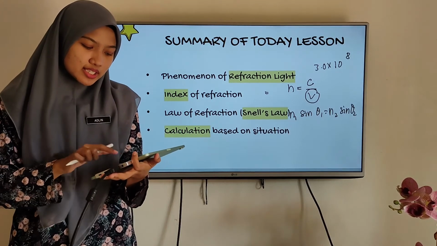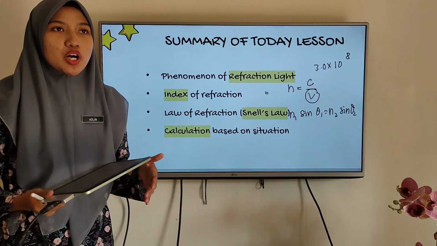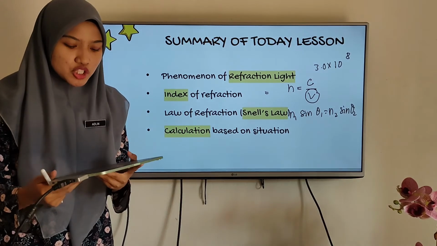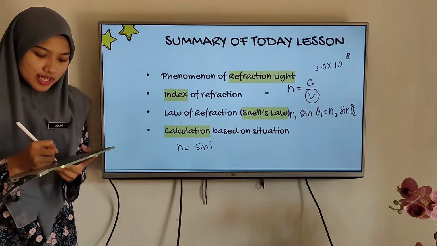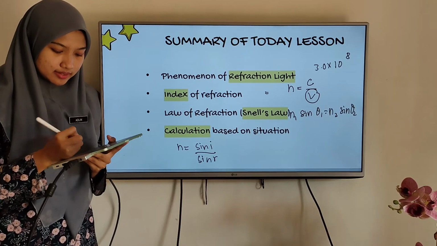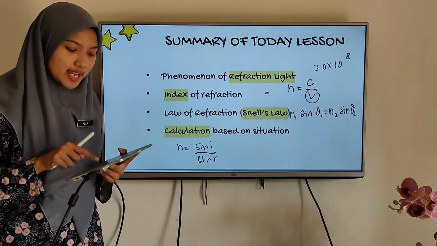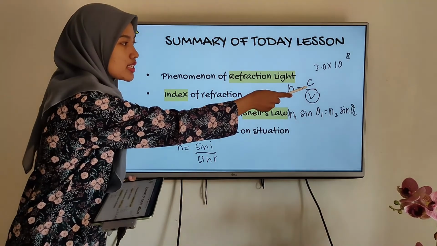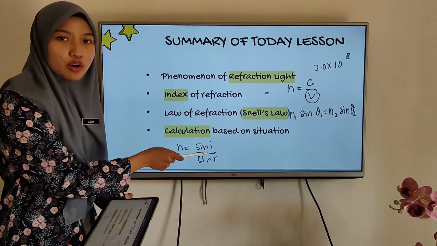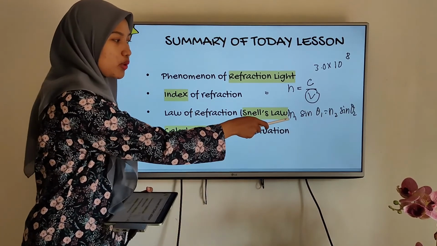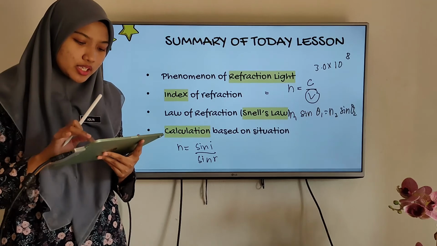And last but not least, calculation based on situation. When it gives you the two angles, you use n equal to sin i divided by sin r. Alright. Three formulas you have to remember. One, n equal to c over v. Second, n equal to sin i over sin r. And third, n1 sin theta 1 equal to n2 sin theta 2.